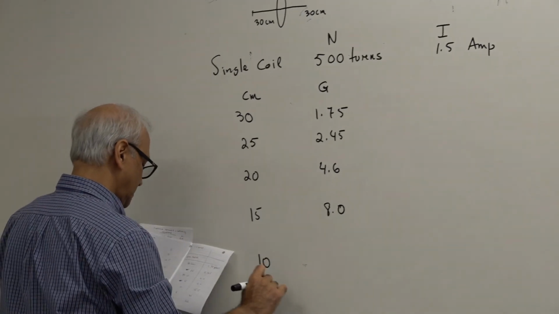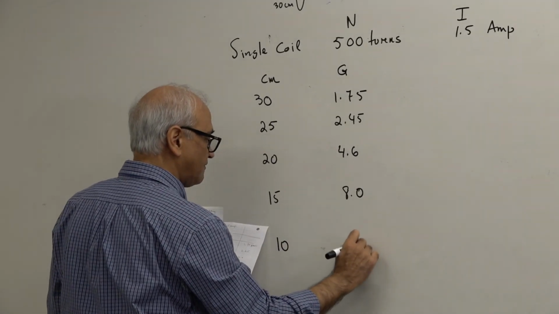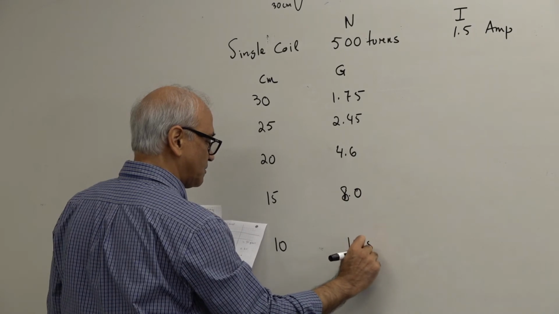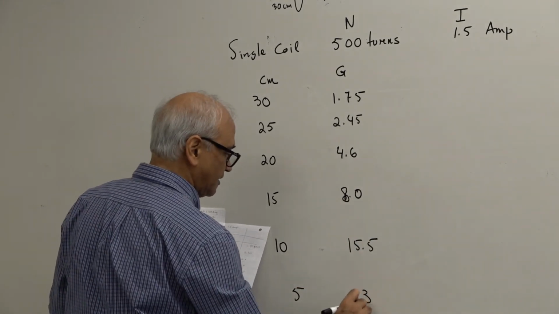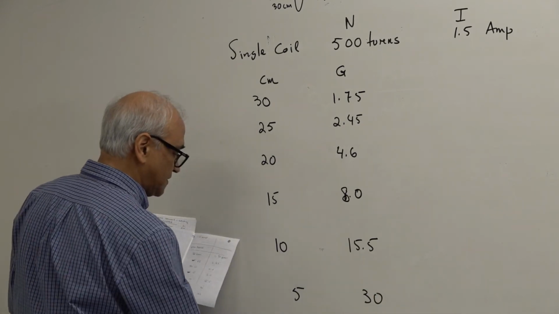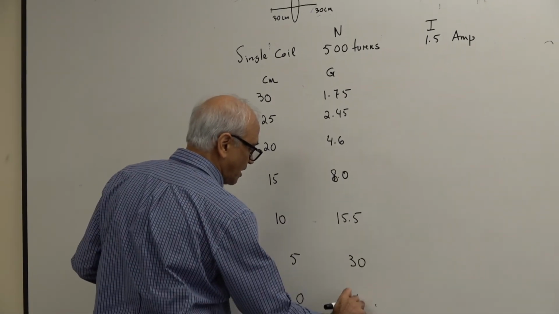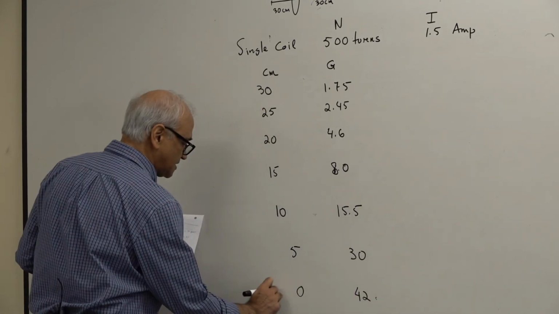Then 10 is 15.5. Then 5 is 30. And then the 0, this is the center, we are up to 42 Gauss. So this is the center.